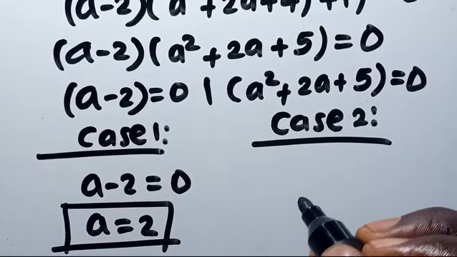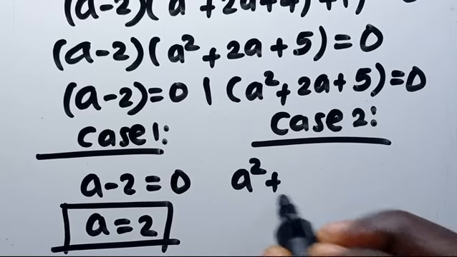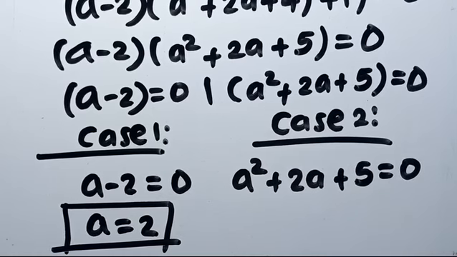Now, from here, a squared plus 2a plus 5 equals 0.